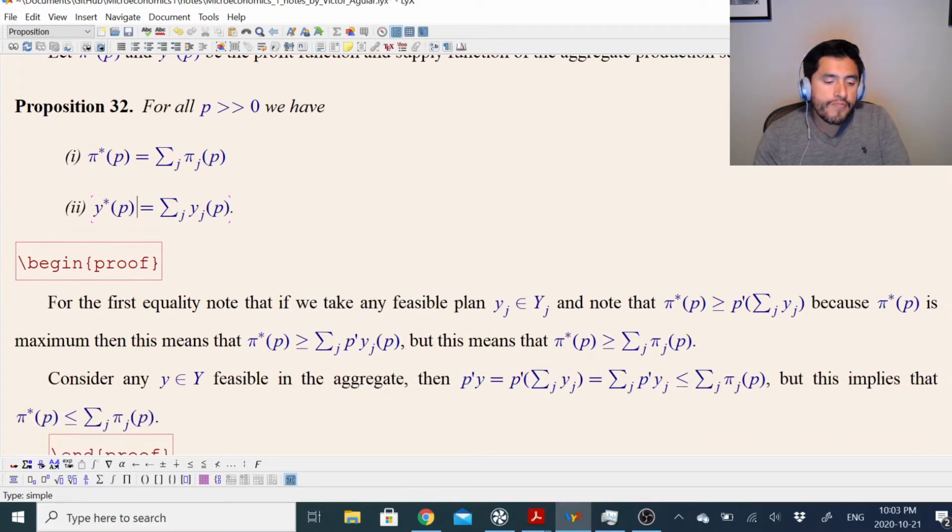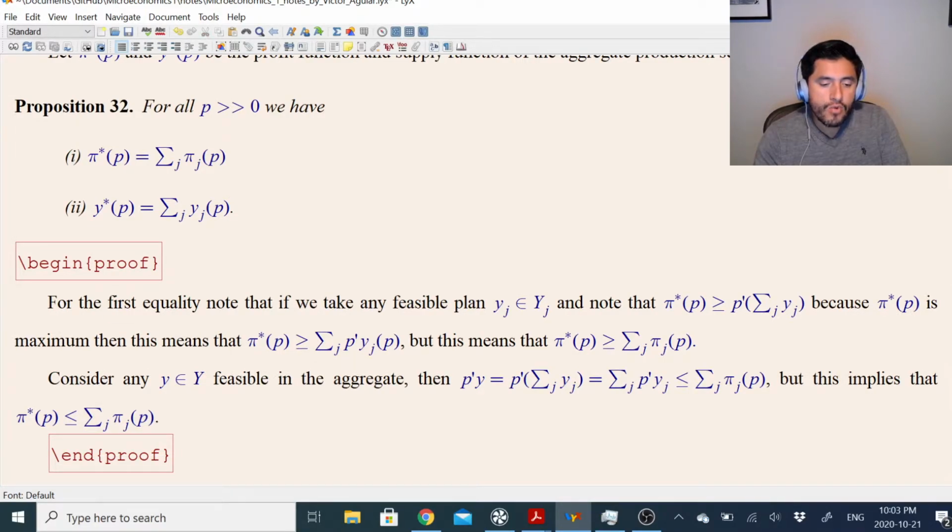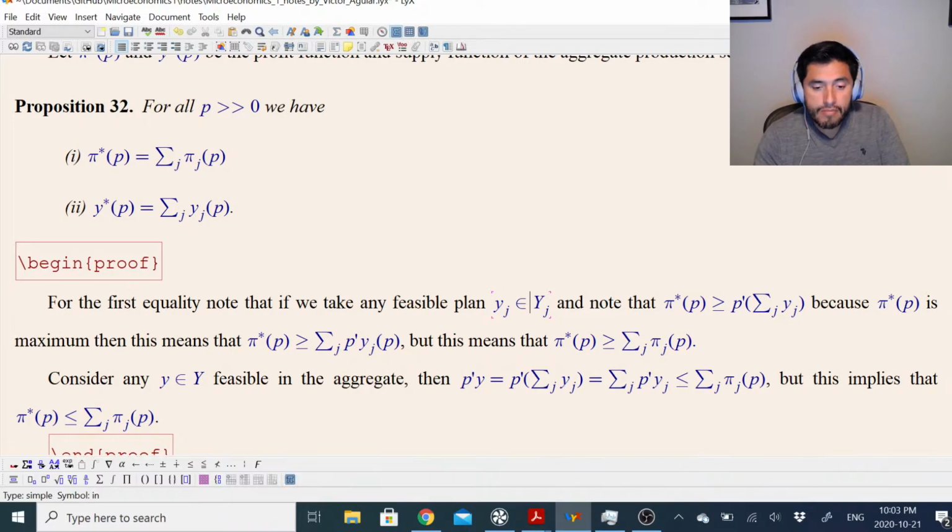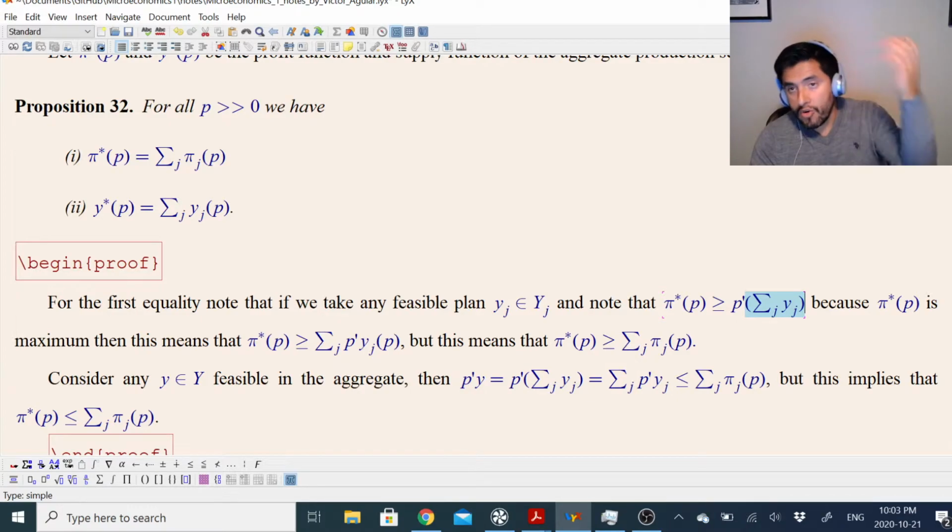Now let's prove it. For the first equality, notice that if we take any feasible plan in the individual production sets, then I look at my aggregate profit function, and because it's maximal, it has to be greater than or equal to the prices multiplied by the summation of any other production plan, in particular the summation of J production plans.